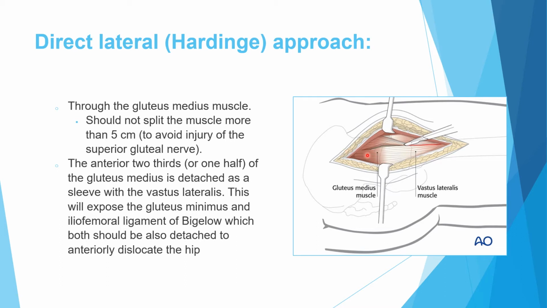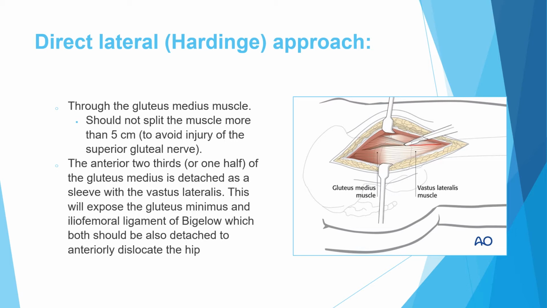But you should not go more than 5 centimeters from the insertion, because you may affect the superior gluteal nerve, the nerve supply for the muscle. The anterior half, or anterior 2/3, of the gluteus medius is reflected together as a flap with the anterior part of the vastus lateralis muscle, and they are peeled anteriorly, and then the hip can be approached from that interval.